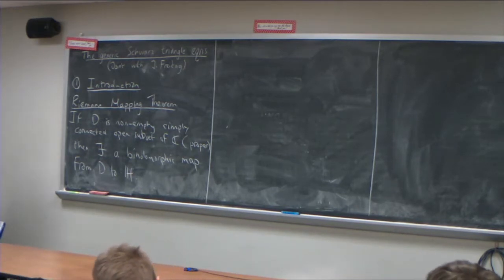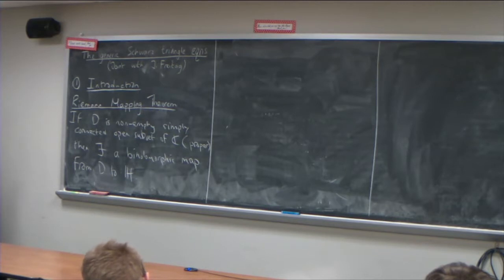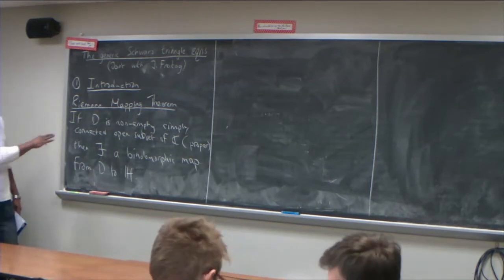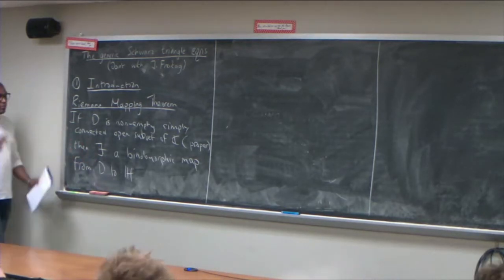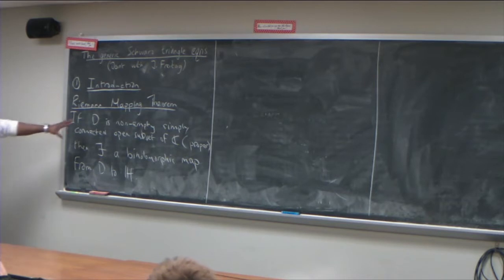There is a more refined version that says that if D is nicely bounded by a simple closed contour, then you can also extend that biholomorphic map to the boundaries. But this is just an existence result. It does not really discriminate between different kinds of D.